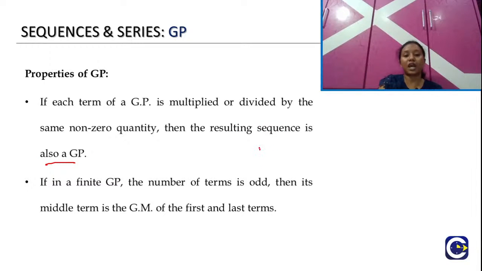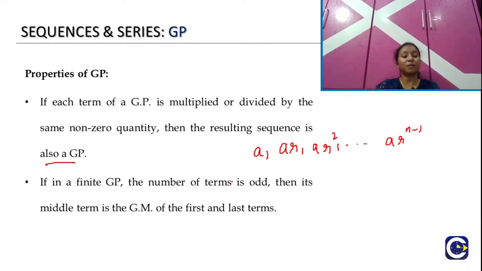Suppose we are having a GP sequence a, ar, ar square, up to ar power n minus 1. I am just taking the standard form of GP. So if each term of the GP is either multiplied or divided by the same non-zero quantity, the quantity should be the same as well as not equal to 0.